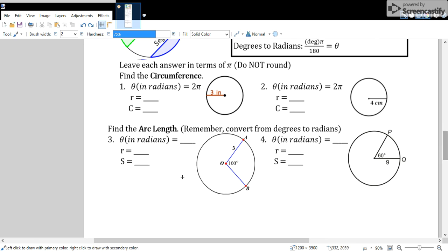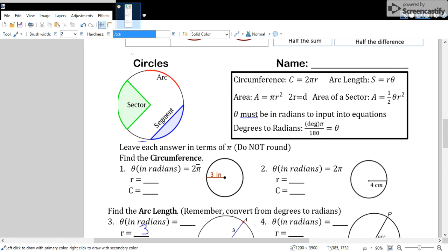So let's do that. Our radius is 3. Our theta in radians, we're not sure what that is yet. We know that our degree is 100 though. And our arc length, we don't know what that is yet either.